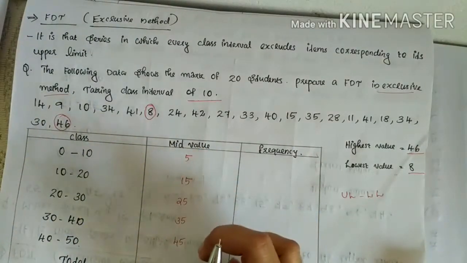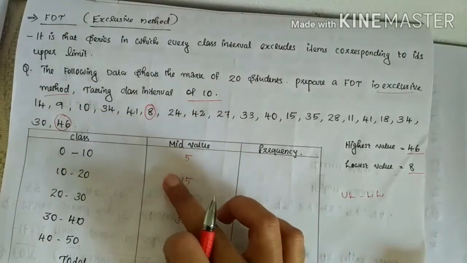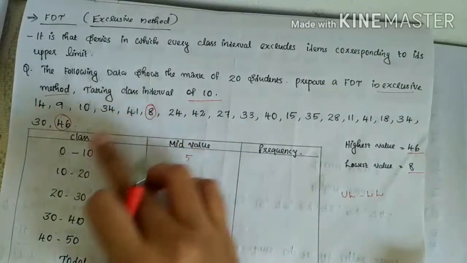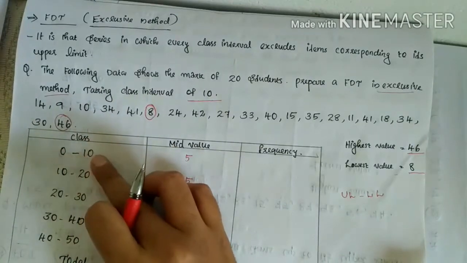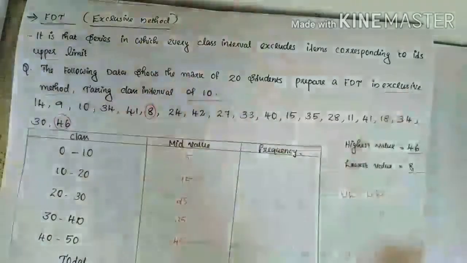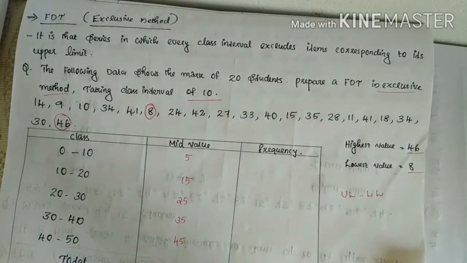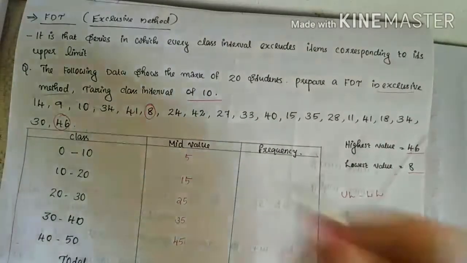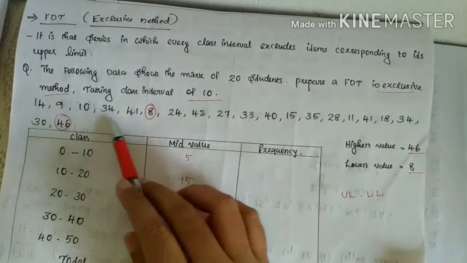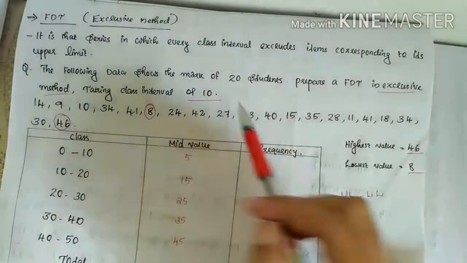After computing the mid value, next we have to find what items are included in the class of 0 to 10 in this method.